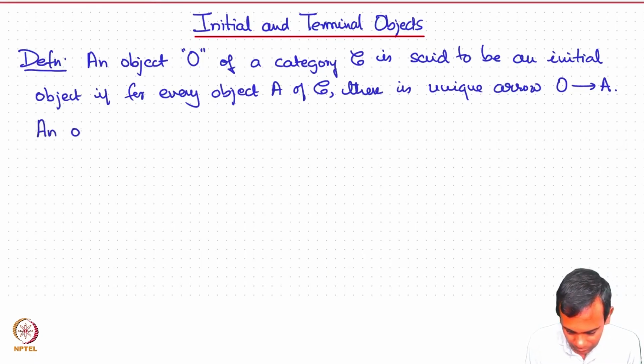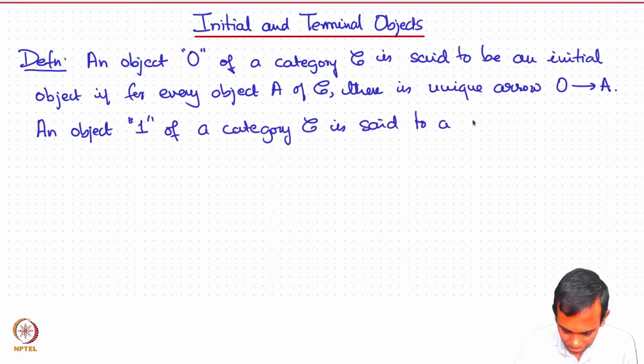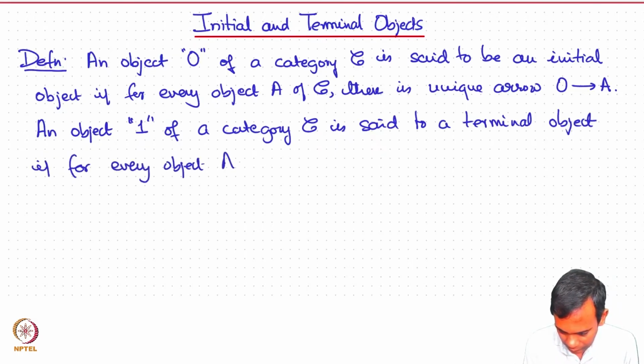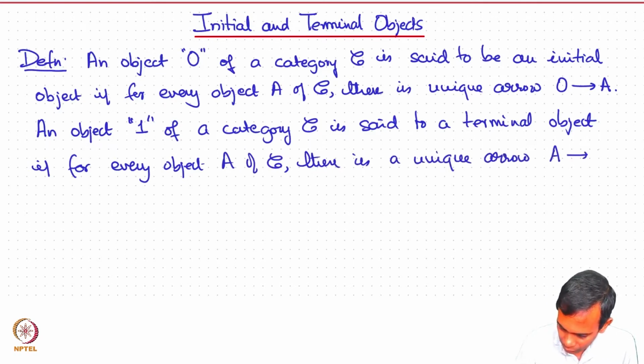An object, and the notation usually for a terminal object is 1, of a category C is said to be a terminal object if for every object A of C there is a unique arrow A to 1.